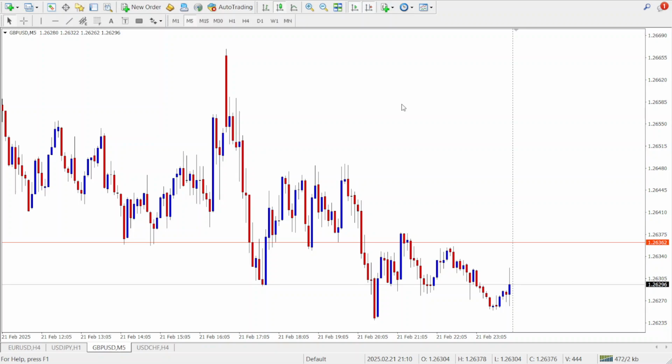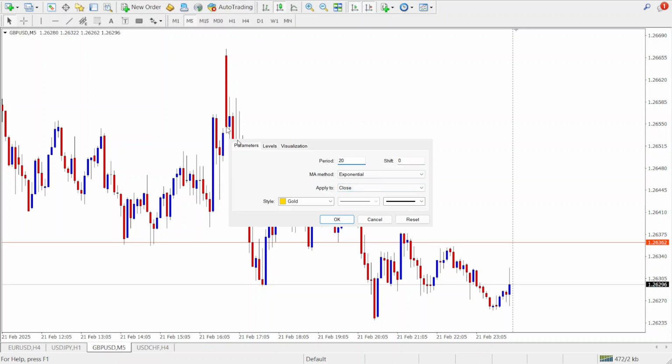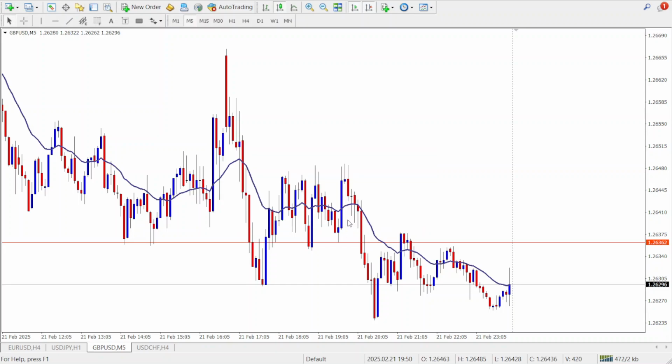Now, let us get into it. First off, why combine indicators at all? Well, each of these indicators provides different types of information. The EMA helps us to spot the overall trend.